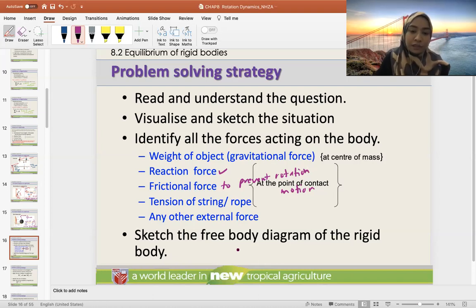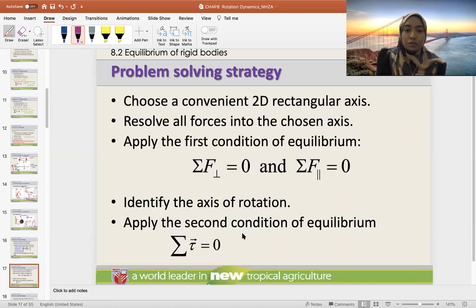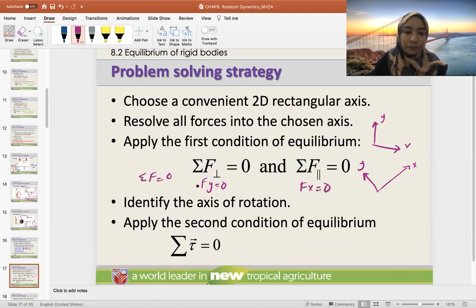Okay, sketch the free body diagram. Choose a convenient 2D rectangular axis, your x and y, or it could be x and y, doesn't really matter, as long as you label what is the best way for you to solve it. And then apply the first condition of equilibrium, which is Fy equals to 0, Fx equals to 0, or Fnet equals to 0. Okay, Fnet equals to 0 ni apply untuk Fy dengan Fx both.